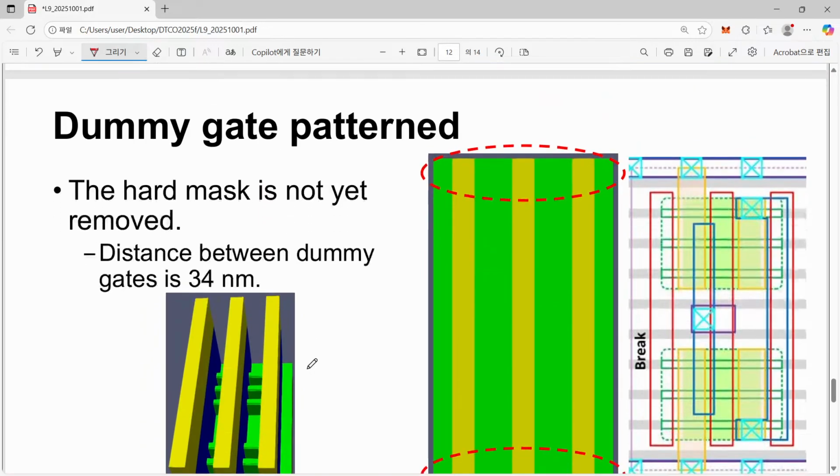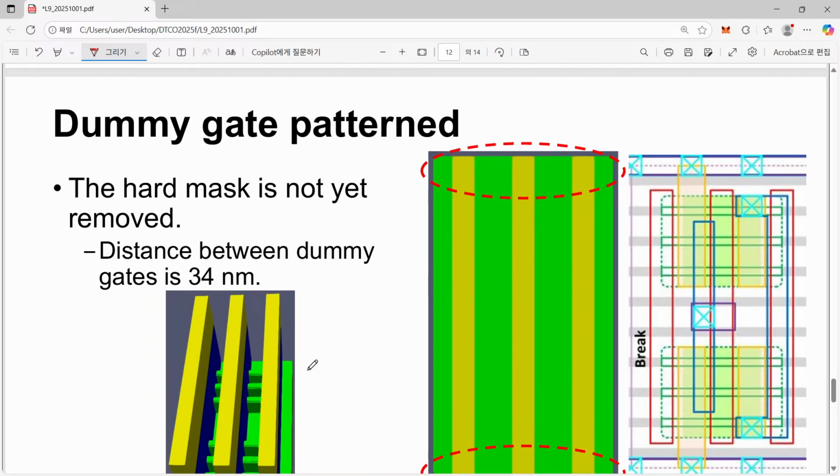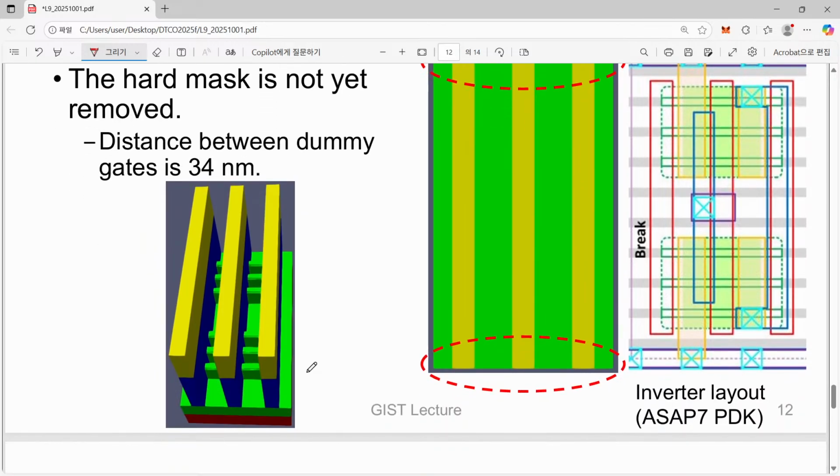So now, although I'm not showing the details, you can do the dummy gate patterning. So now you can see that here, this is still hard mask, and this is dummy gate, and this green one is STI, and also our fin is covered and protected by a dummy dielectric we have introduced.